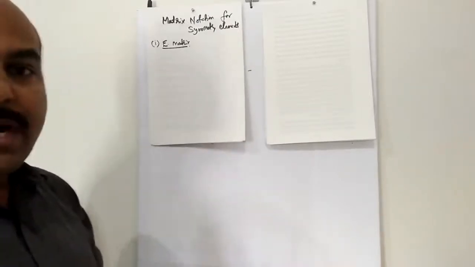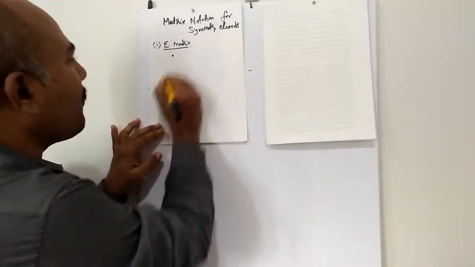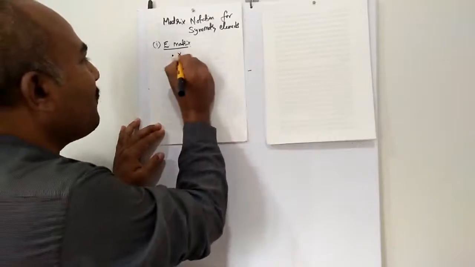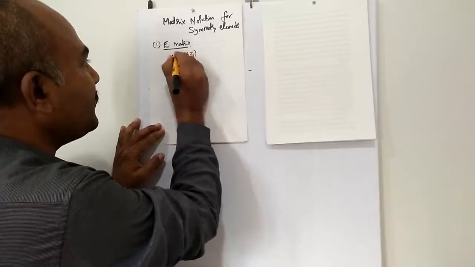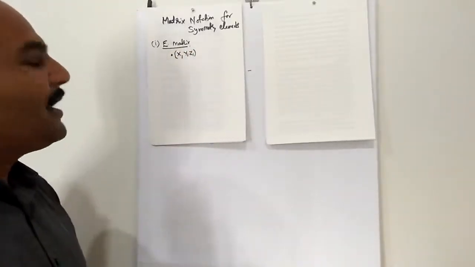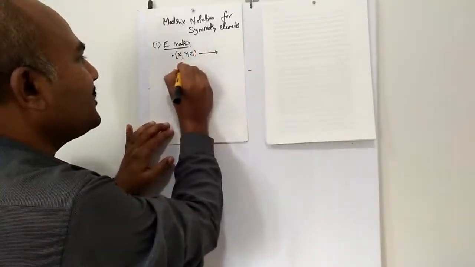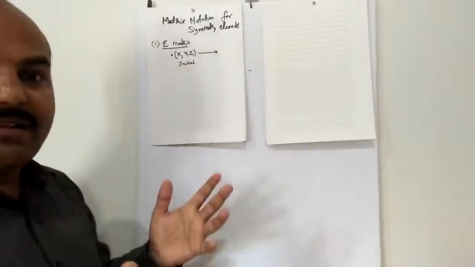You can understand this by taking an example. Consider a point P with the initial coordinates x1, y1, z1. This can be the initial coordinates of any molecule you consider.